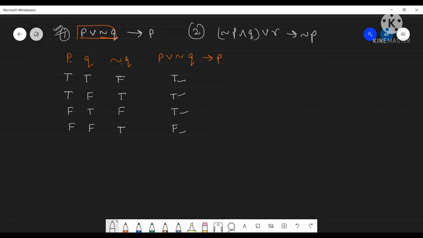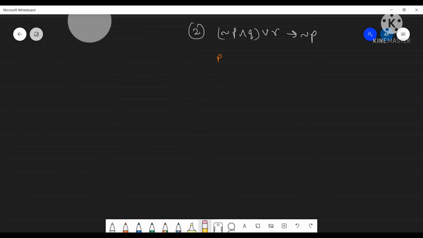Okay, now we'll solve the second one. What are all the columns that you have to make?